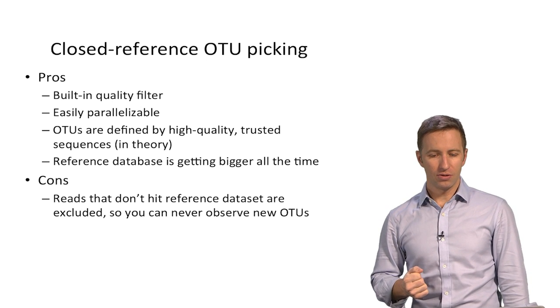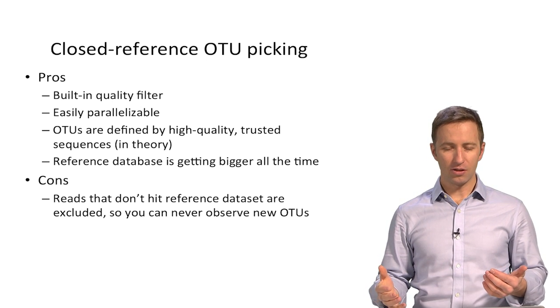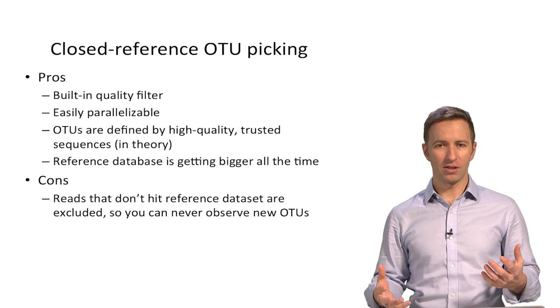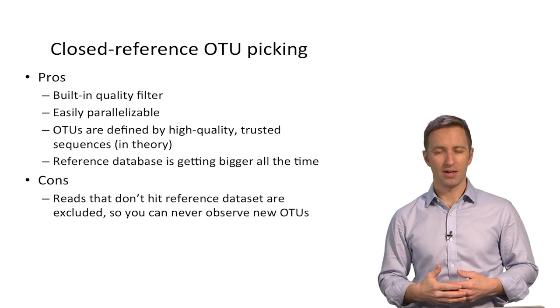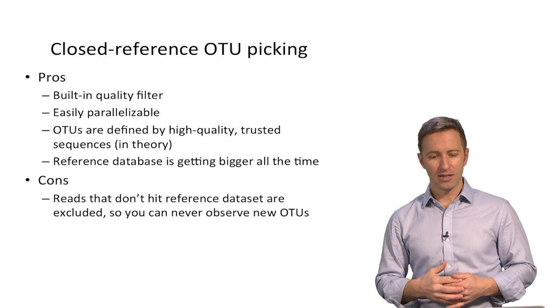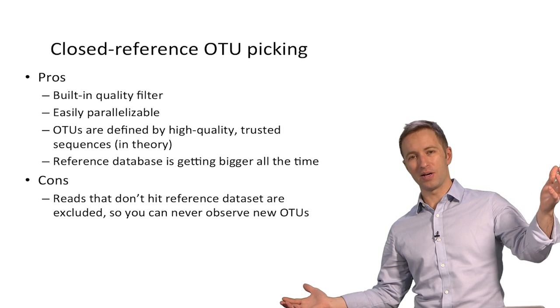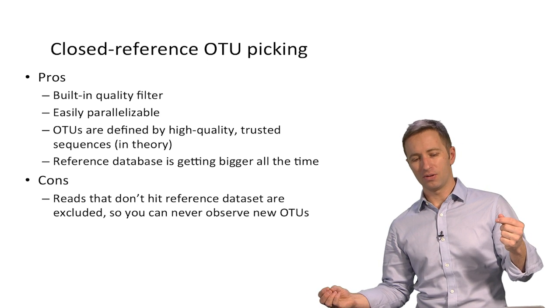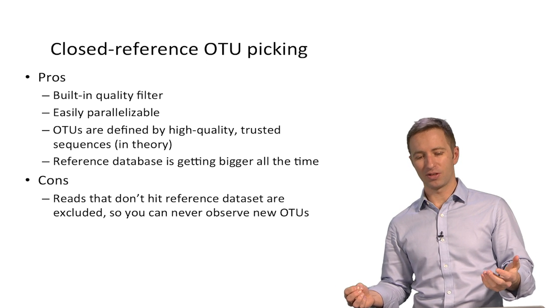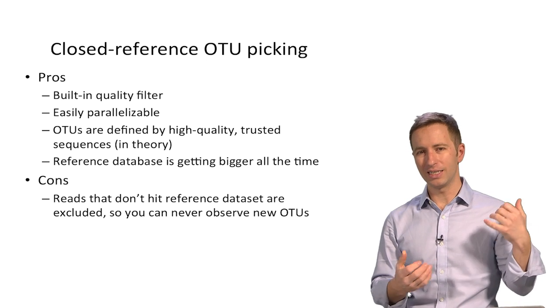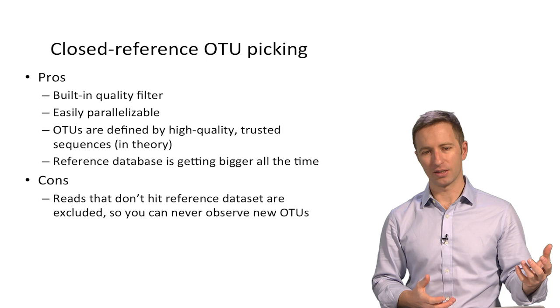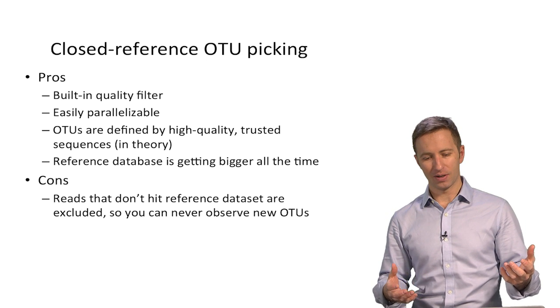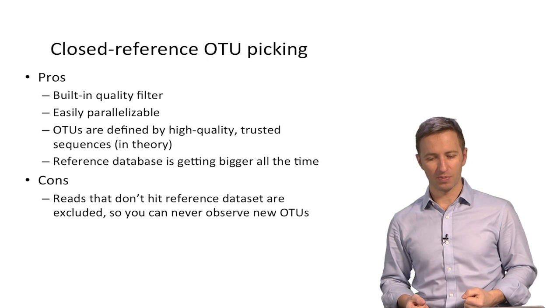The OTUs can be defined carefully using curated sequences, highly trusted sequences in theory. And of course, the reference database is getting bigger and bigger all the time. So at a certain point, for most environments, we shouldn't really need to be doing de novo clustering. And that's why I'm investing heavily in the reference-based approaches.